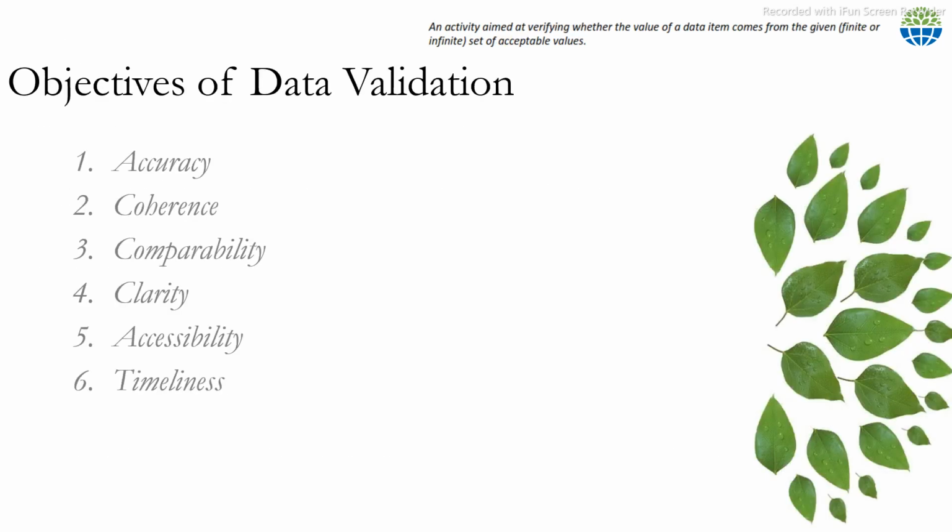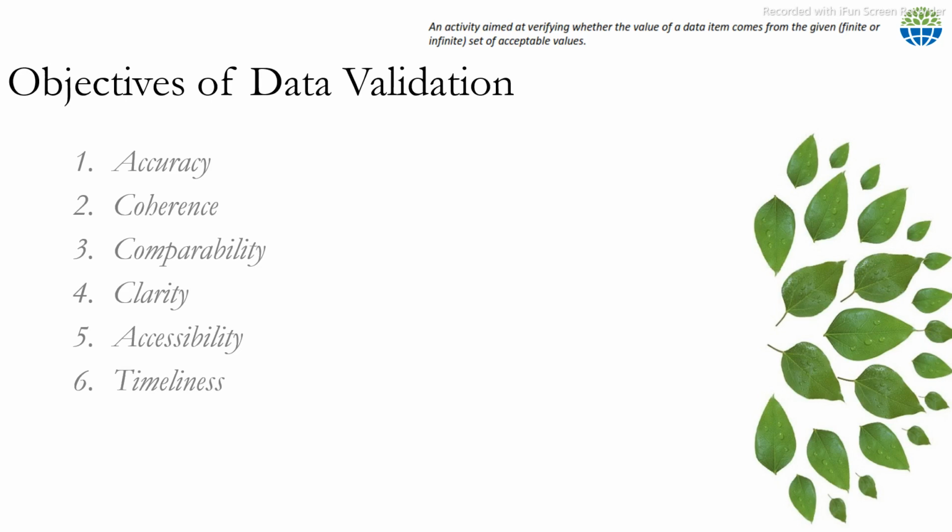Here you can see on this screen the major objectives of data validation. First objective is accuracy, second is coherence, third is comparability, fourth is clarity, fifth is accessibility, and sixth is timeliness.